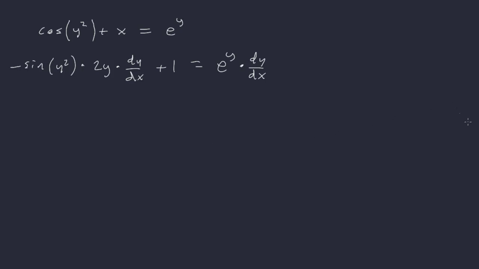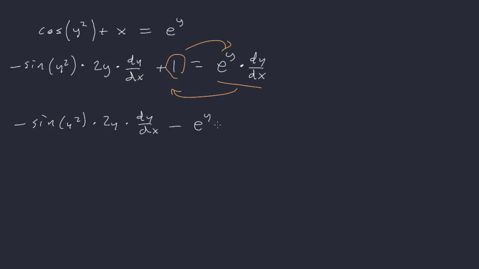Okay. So I'm going to move the e to the y over and the 1 over here. Okay. So we're going to get, I'm going to say negative sine of y squared times 2y times dy dx minus e to the y dy dx is equal to negative 1.